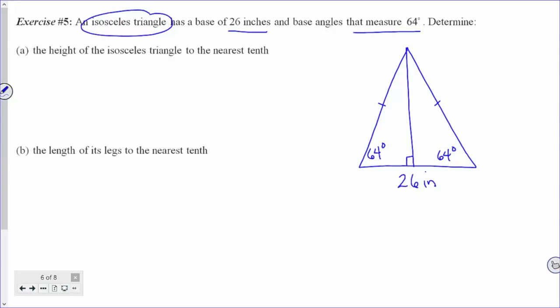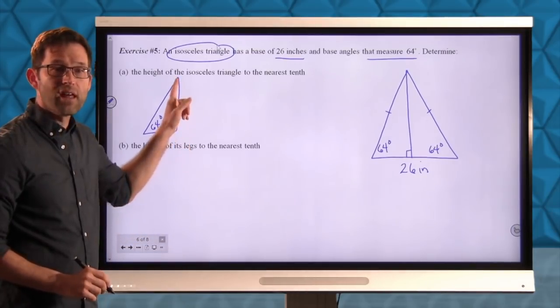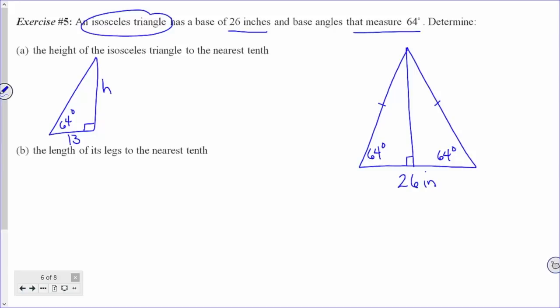So I can always do that, and now I'm dealing with this right triangle. All right, 64 degrees, and this is key, this is now 13, right? And what I'm looking for in letter A is the height of this right triangle.